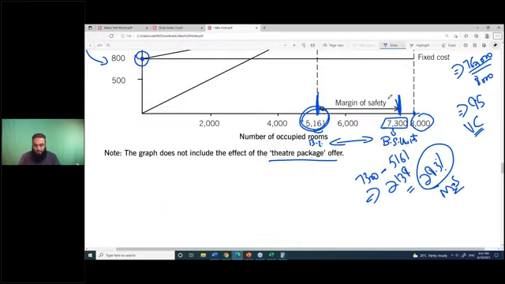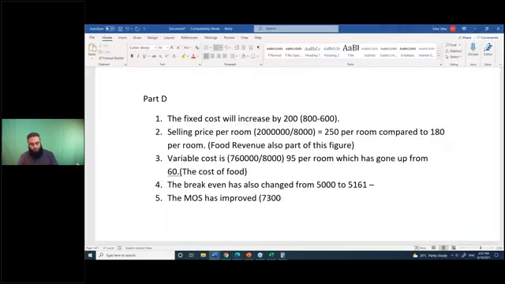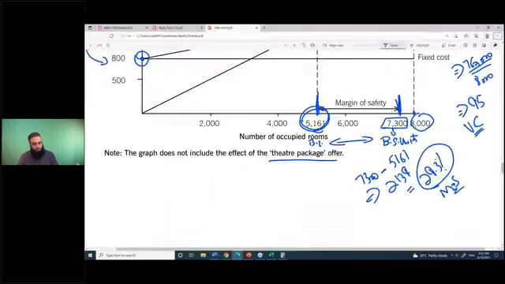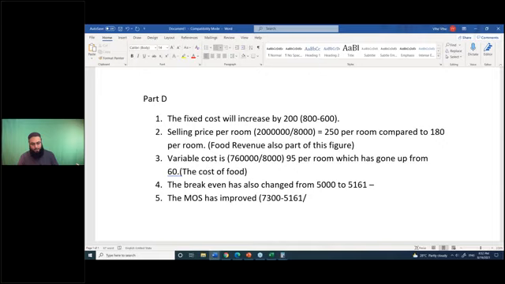I can just copy paste it. 7,300 minus 5,161 divided by 7,300. So it's 29% from 22%.